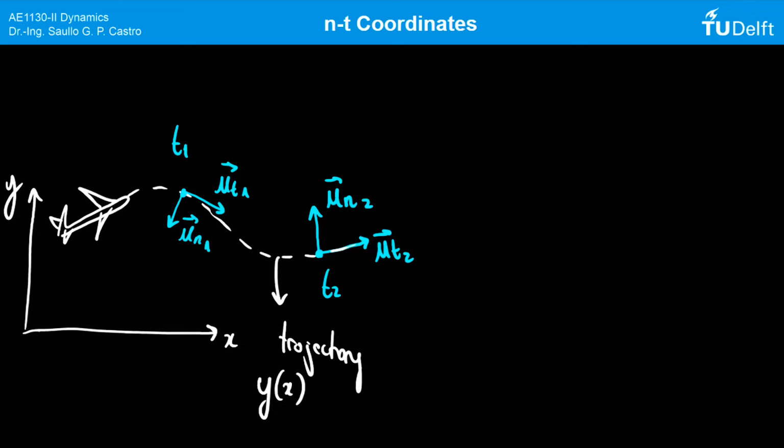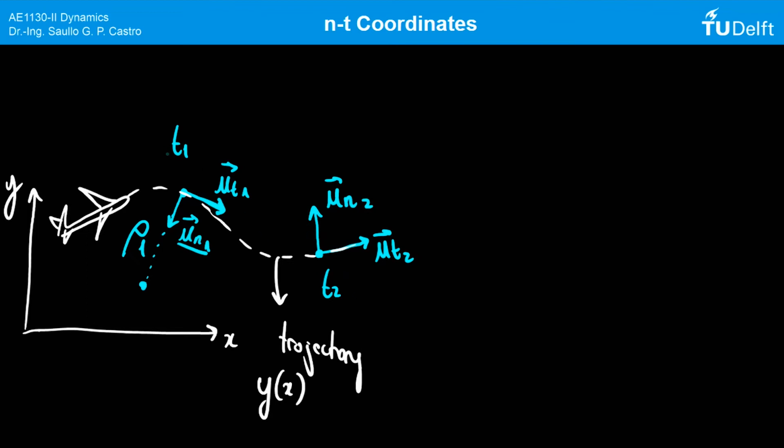It's sometimes very convenient to define a coordinate system centered at any point along the trajectory, where we have a tangential vector parallel to the velocity vector. Since the velocity is always tangential to the trajectory, this vector will also be tangential to the trajectory, and we have another vector called the normal vector pointing inwards, in the sense that the radius of curvature is defined as shown here.